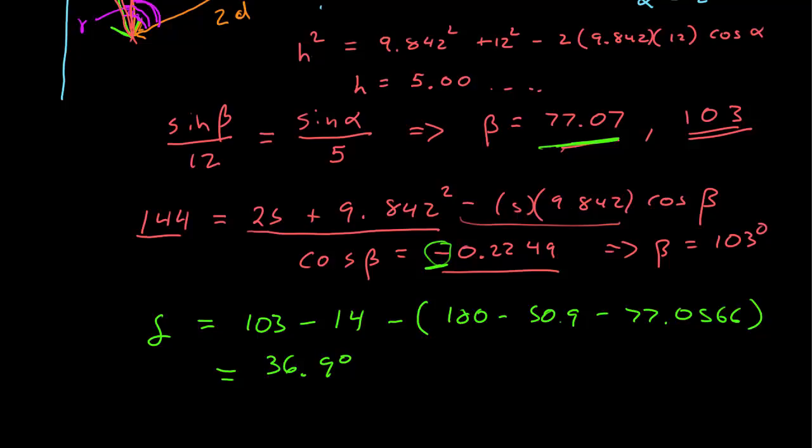And that is a 3-4-5 triangle, so my final result H is 5.00, 36.9 degrees counterclockwise from positive x.